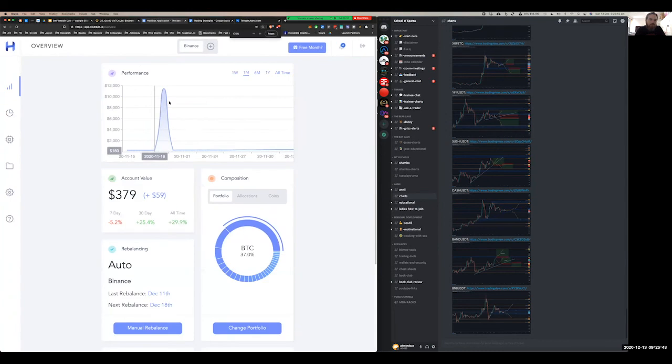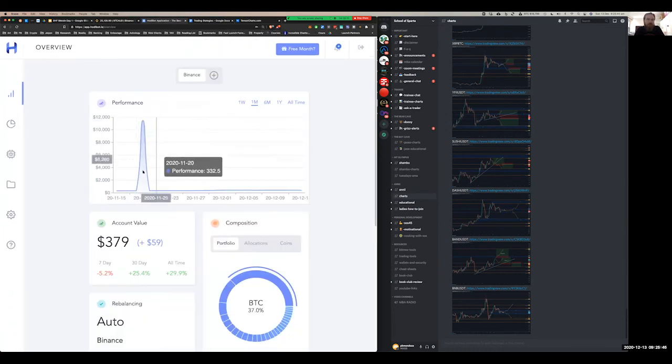Because I wasn't actively trading in this account, it went from $322 to $11,458 because of some coin that was purchased at the time. But then because I wasn't active on it and actively trading to have spotted it, my account went back down to $332.